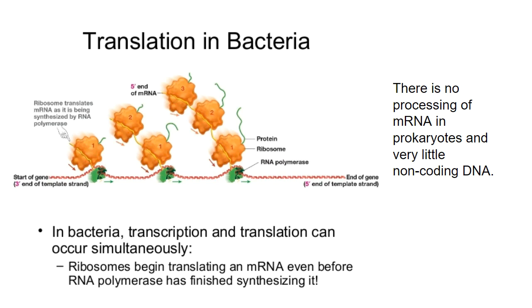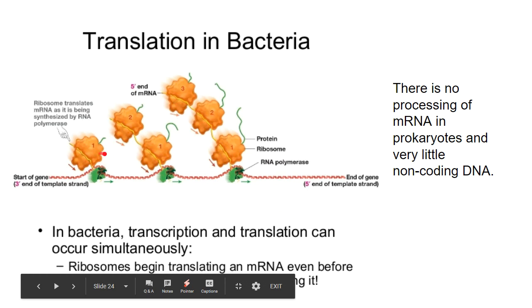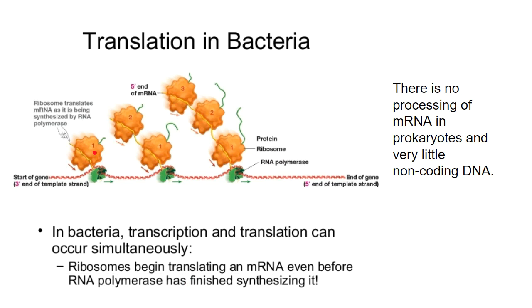But in bacteria, when you look at this model, you have the ribosome directly right next to the DNA. Our ribosomes are not next to our DNA. Our ribosomes are outside of the nucleus. So by having it right here, there can be no processing of the messenger RNA in prokaryotes. So transcription and translation are happening at the exact same time.